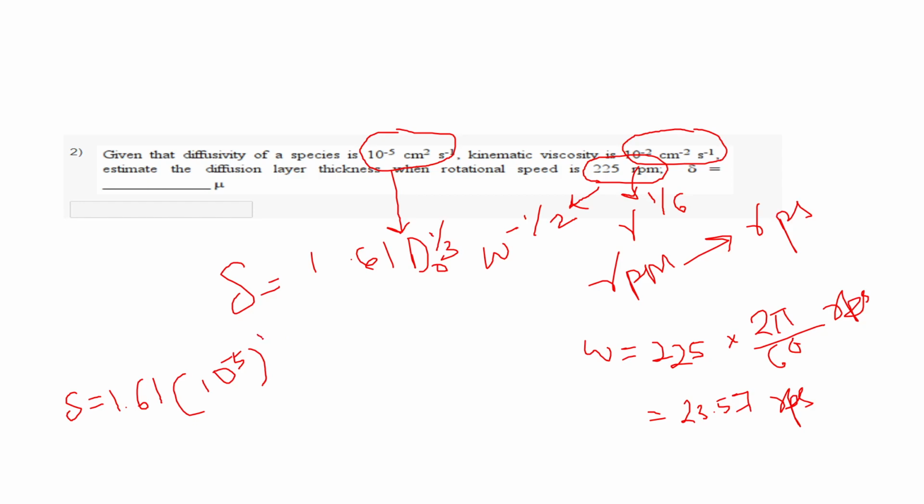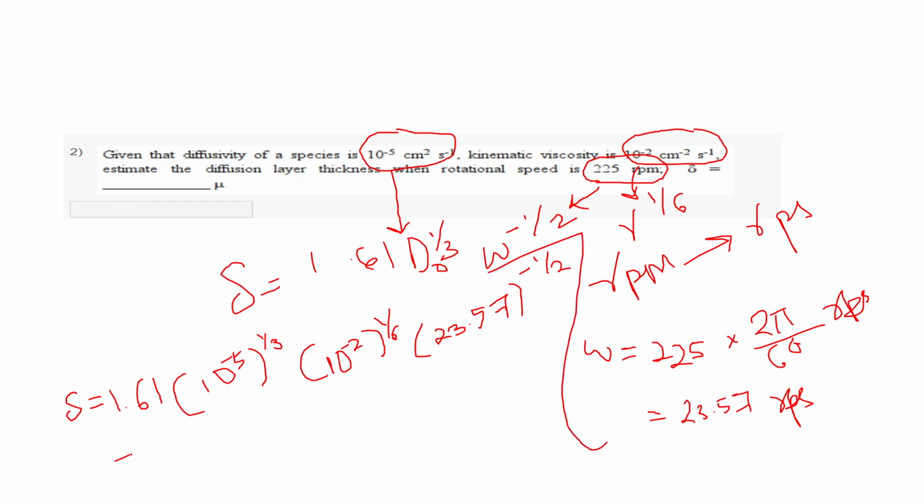That is raised to the power 1 by 3, into 10 to the power minus 2, which is raised to 1 by 6, and omega in radians per second is 23.57 raised to minus 1 by 2. So if you solve this, as someone told, you'll be getting around the answer.